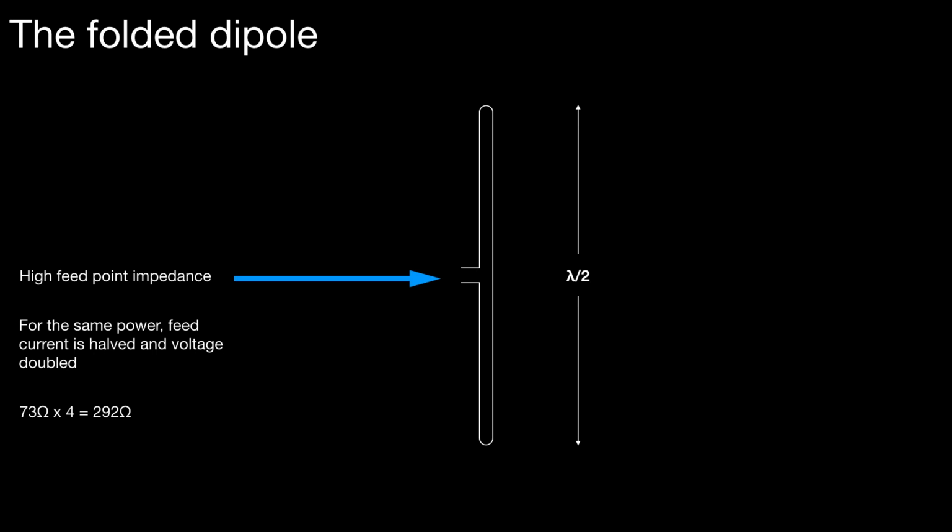So it was 73 ohms, if you remember, the theoretical impedance for a half-wave dipole. Multiplied by 4, it is now 292, or very close to 300 ohms, which is a great impedance to have for a 300 ohm balanced ladder line type feeder.